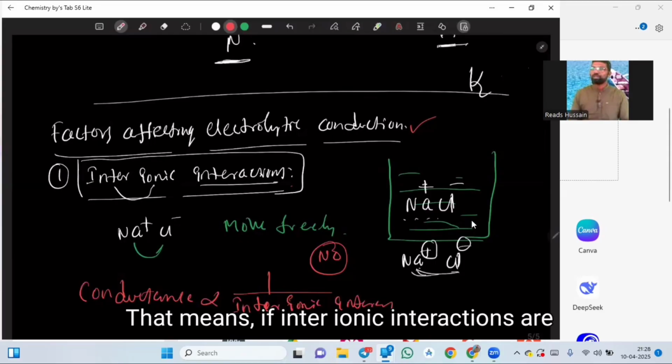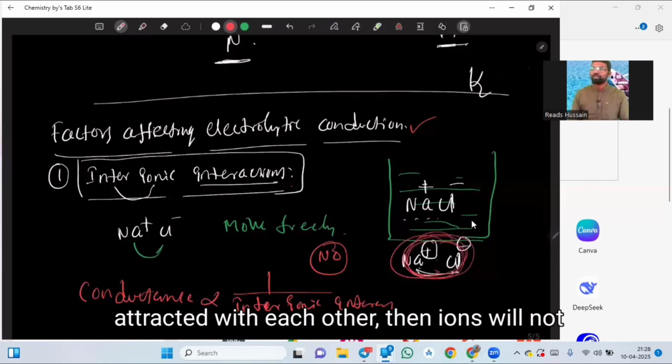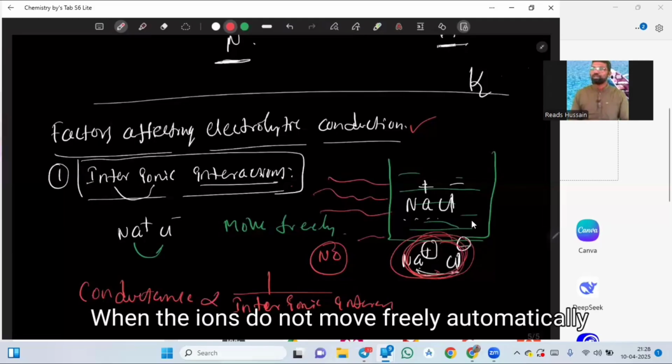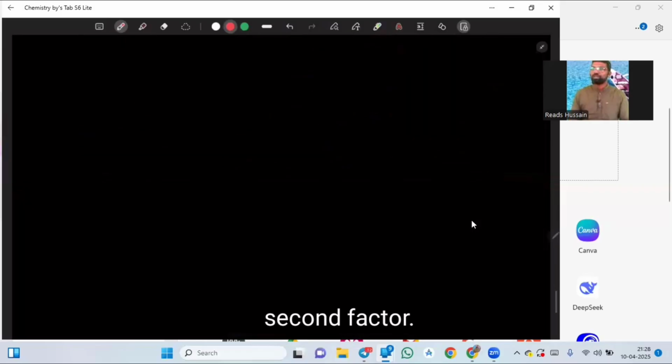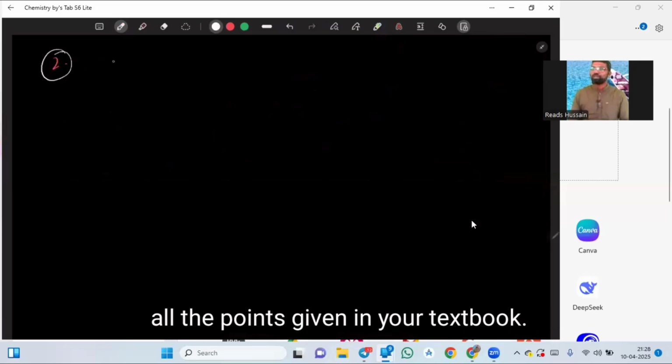That means if inter-ionic interactions are more, ions will be strongly attracted to each other and will not move freely. When the ions do not move freely, automatically their conductance becomes less. And the second factor, the solvation of ions. These are all the points given in your textbook.